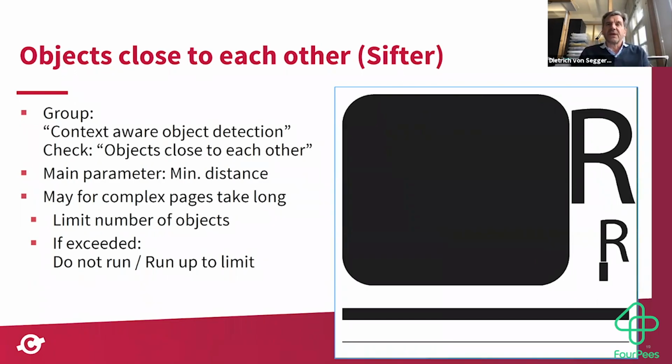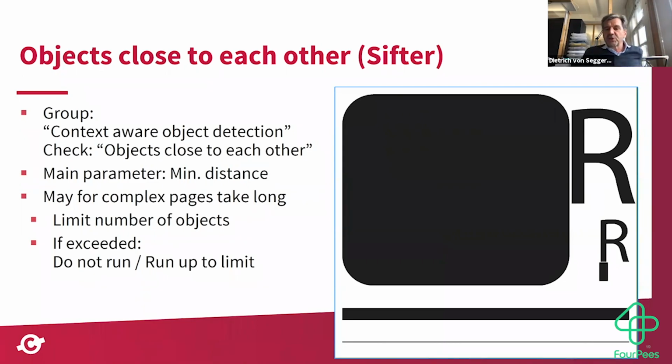In some print processes or whatever production processes, objects that are too close to each other create problems. So there is a new check in the group context-aware object detection that checks whether there are any objects too close to each other.